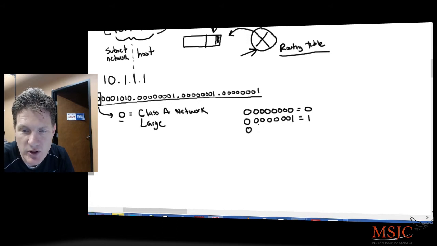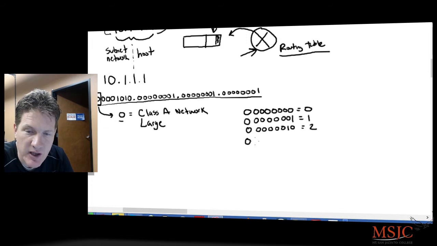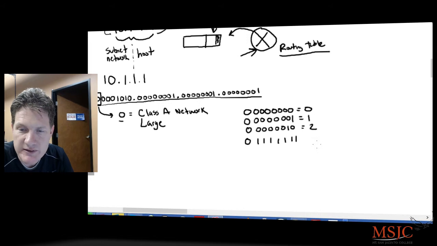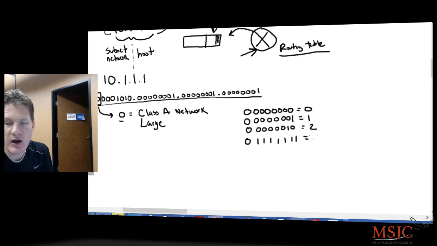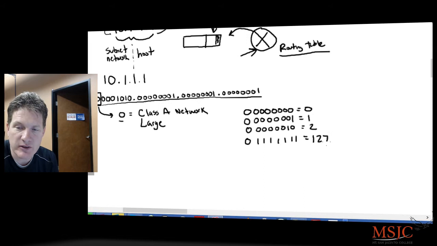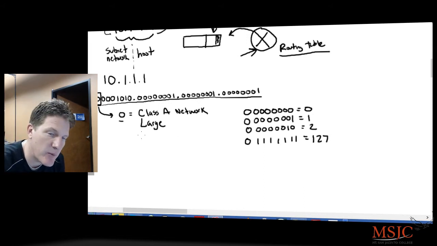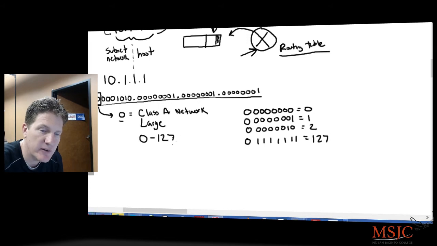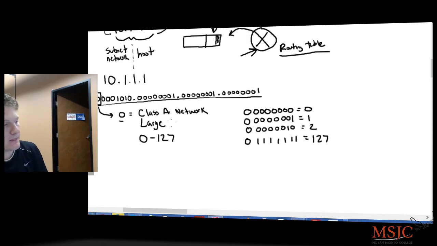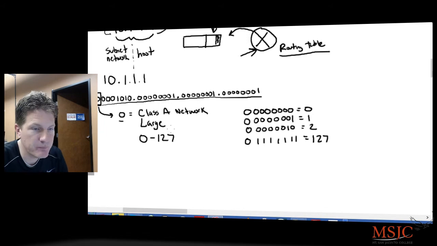And then we could continue going and figure out all the possible combinations, right? So as it turns out, the last possible combination would be when all these are set to 1s, and that is 127. So Class A networks were from 0 to 127. Okay? So that's basically how that worked.